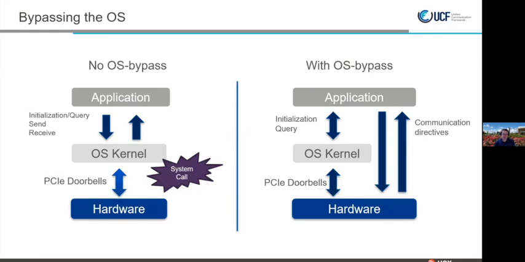On the right-hand side, it takes a little bit more effort to do the initialization. So you have to set up all that metadata, and you have to do that rendezvous protocol between your two endpoints. But once you do that, you can avoid going back and interacting with all those OS layers to transfer data. So the goal here is we want to set up some kind of multi-node endpoint, and then be able to efficiently move data between those two endpoints.